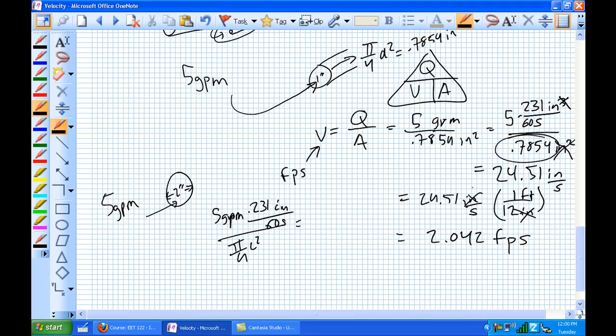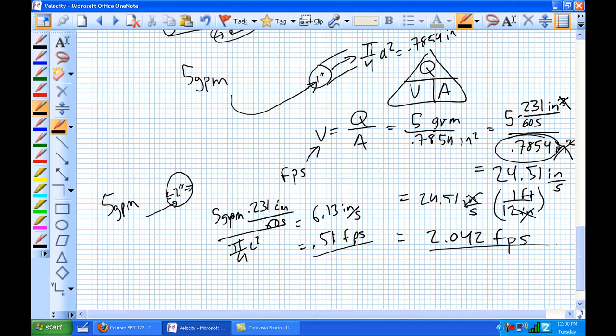This number is 4 times as much as that. It's going to give us 6.13 inches per second, which if we do our conversion correctly, is 0.51 feet per second. Basically, it's only a quarter as fast as it was previously.